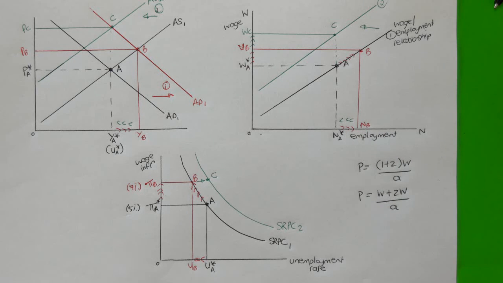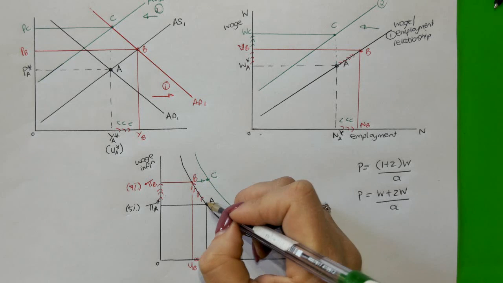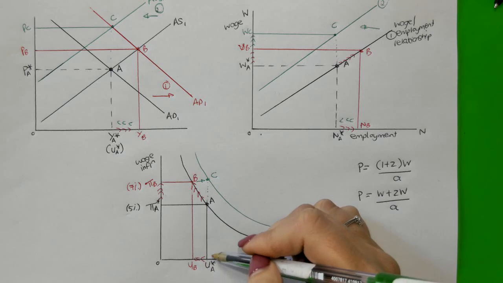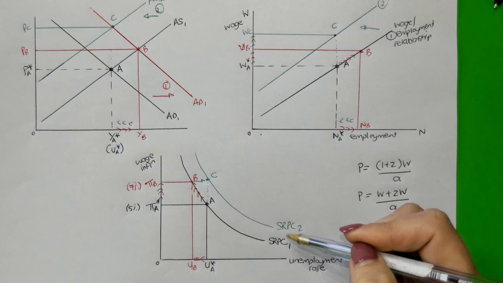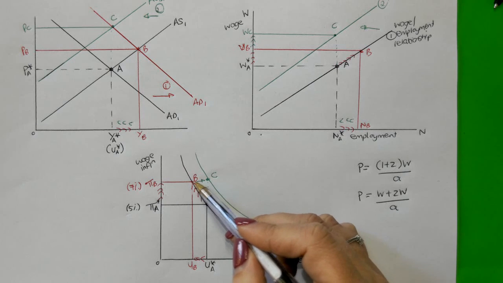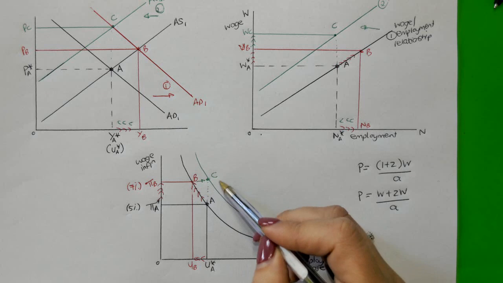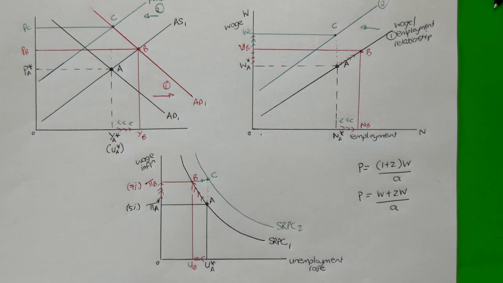On the Phillips curve, we illustrate this as a rightward shift of the Phillips curve, indicating that at point C, we're back to the natural rate of unemployment and back to the full employment level of production and output, but that from point B to point C, the economy and people have now factored in the higher rate of inflationary expectations.